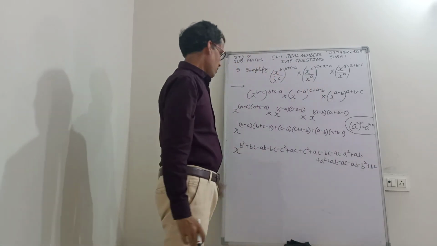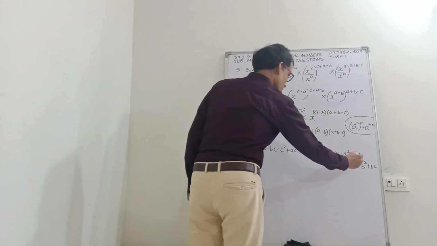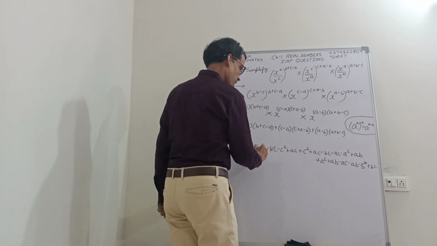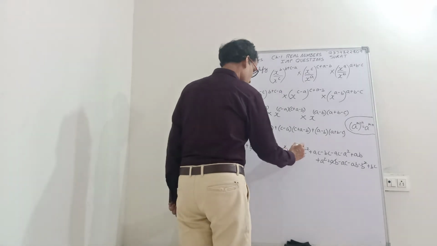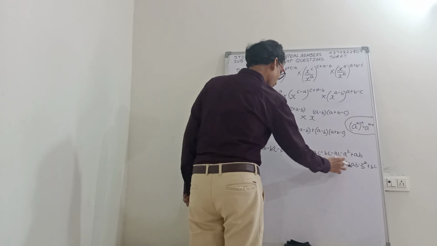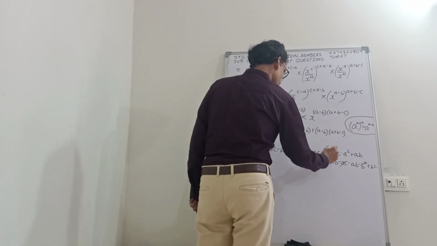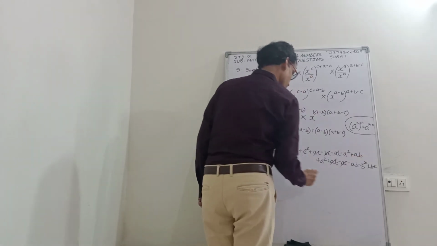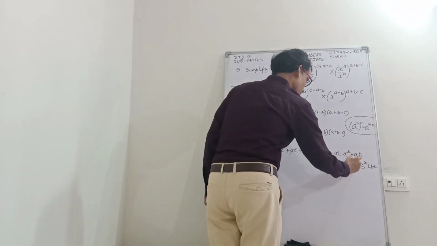Now if you check, all the terms will cancel. You can see that b square minus b square, bc minus bc, minus ab plus ab, minus c square plus c square, ac minus ac, minus bc plus bc, minus a square plus a square, ab minus ab.